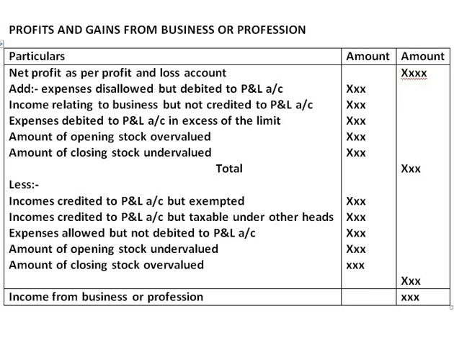Next item to be added is expenses debited to P&L account in excess of the limit. If there are certain expenses which are limited, for example, depreciation. You record depreciation for assets, let us take 50,000 rupees, but as per income tax, you should be taking depreciation of 25,000 rupees. So the amount of depreciation debited to P&L account is 50,000, but the maximum limit is 25,000.